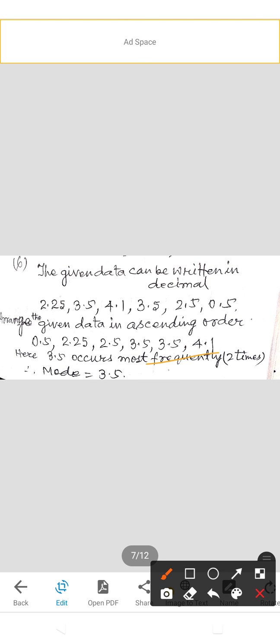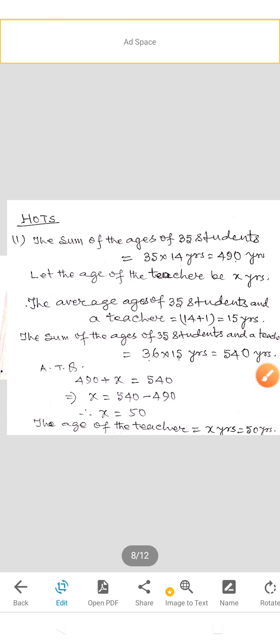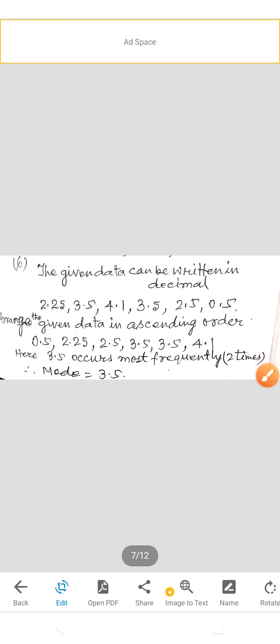Arranging the given data in ascending order: 0.5, 2.25, 2.5, 3.5, 3.5, 4.1. Here 3.5 occurs most frequently, that is 2 times. Therefore the mode equals 3.5.